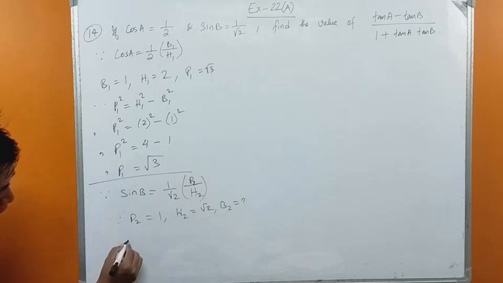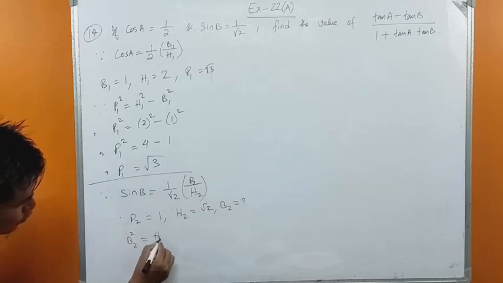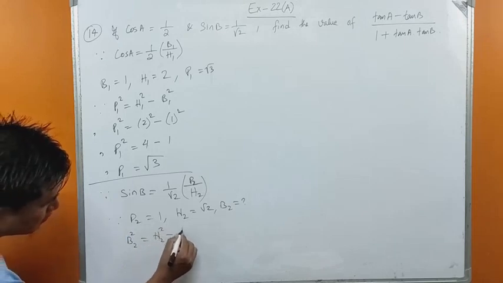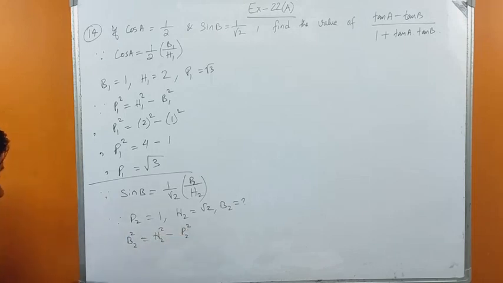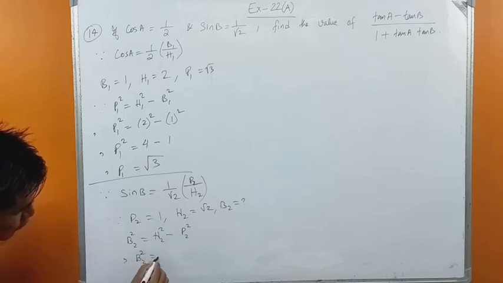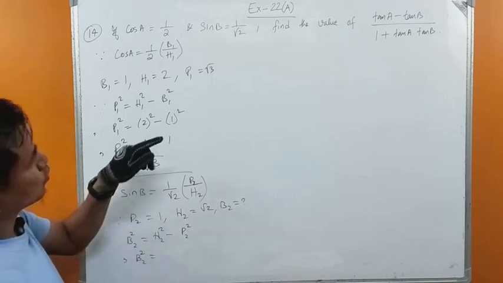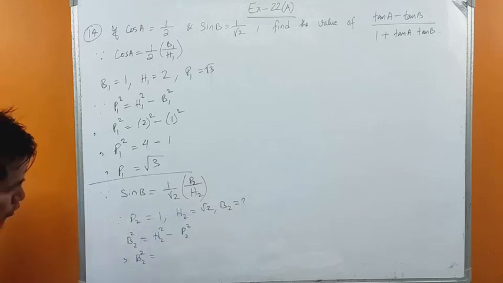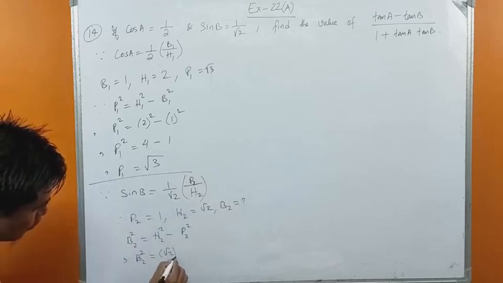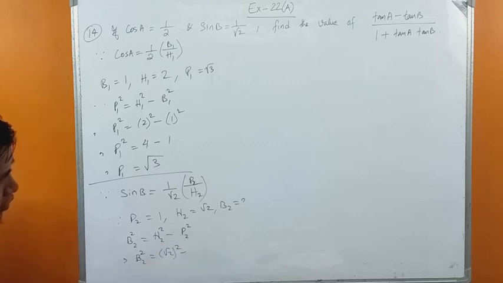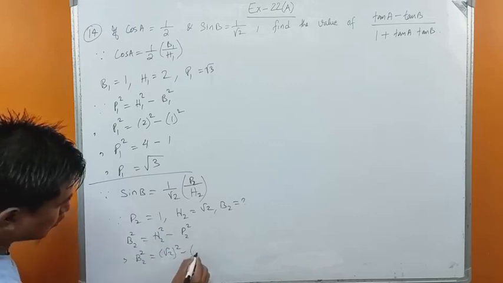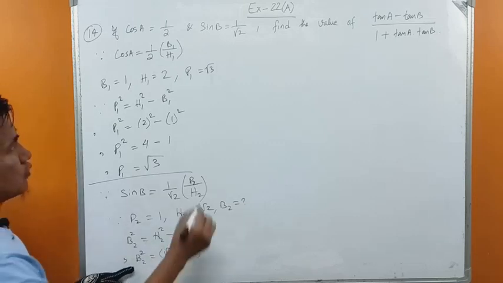Applying Pythagoras theorem, B2 squared equals H2 squared minus P2 squared, isn't it? B2 squared equals root 2 squared minus 1 squared.